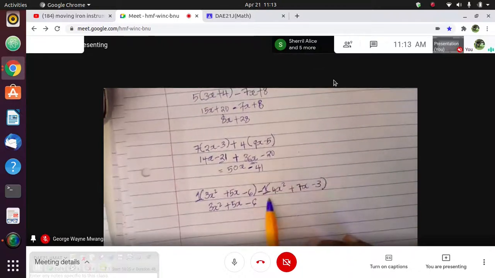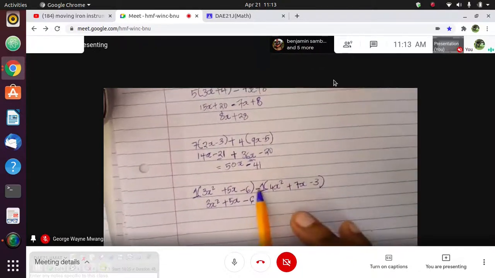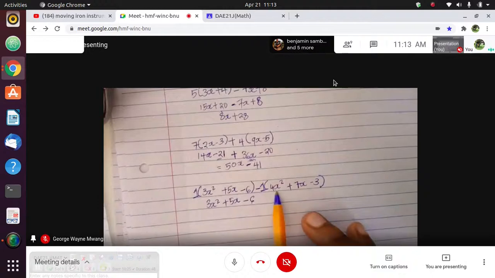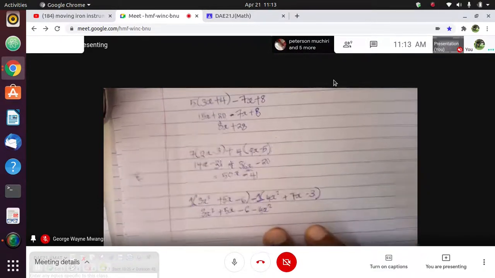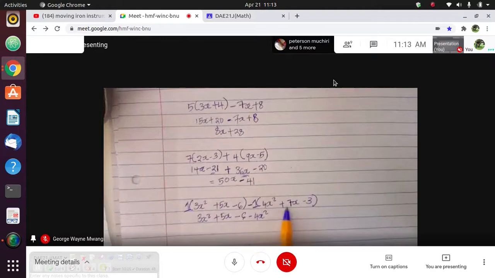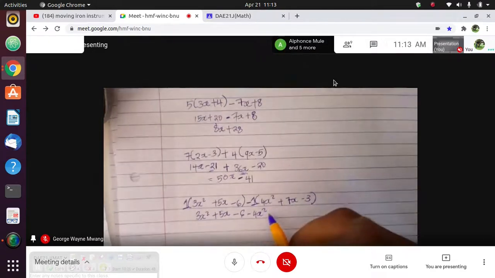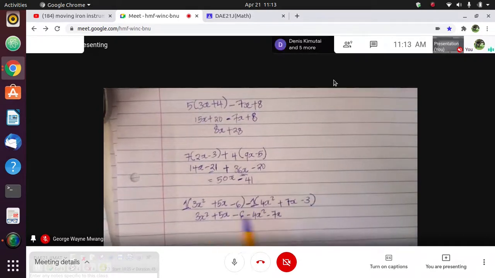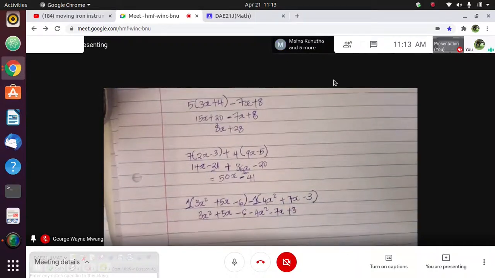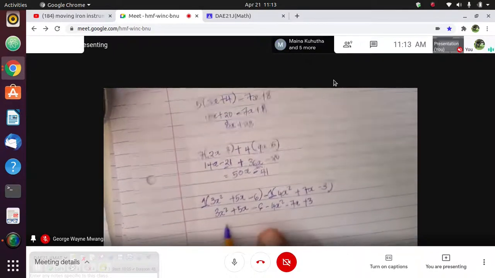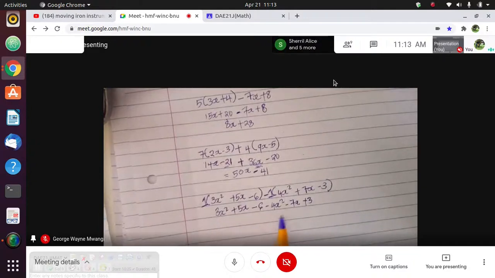Now, let us come to this other bracket. We have a minus over here. So minus 1 times 4x squared inakuwa minus 4x squared, minus 1 times 7x inakuwa minus 7x, and minus 1 times minus 3 inakuwa plus 3. Now let us group the like terms together. The x squared kuna 3x squared na minus 4x squared.